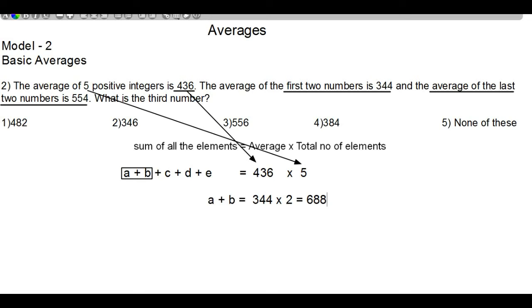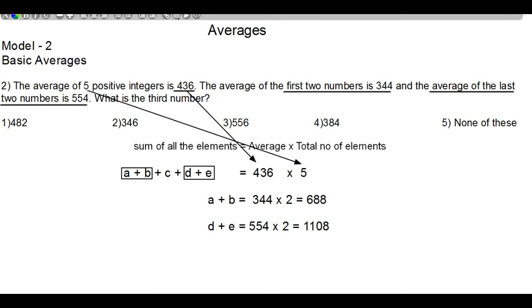The average of last 2 numbers is 554. For the last 2 numbers, D and E, their sum is average 554 into 2, as there are 2 elements D and E. This comes out to be 1108. Now we are supposed to find the third number, that is C.